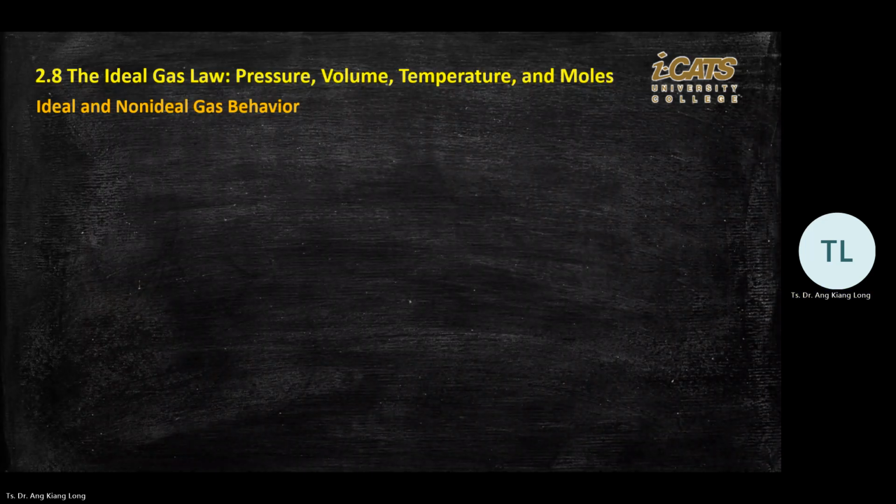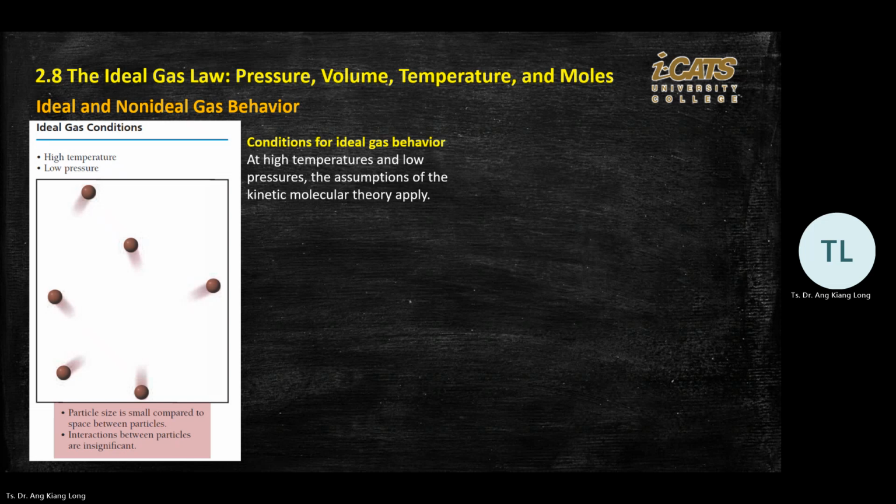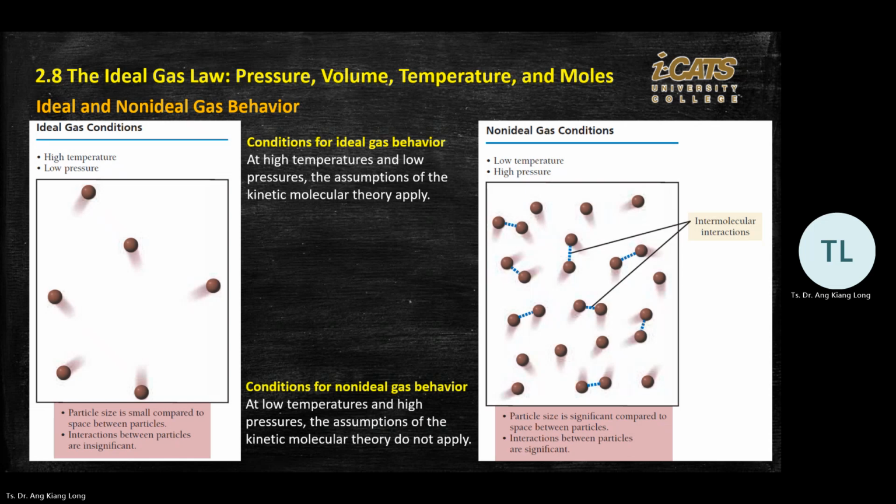Okay. Now we need to answer ideal gas and non-ideal gas. How to differentiate between ideal and non-ideal. So ideal gas, I give you the answer. Ideal gas condition is at high temperature and low pressure, we use the kinetic molecule theory in ideal gas.